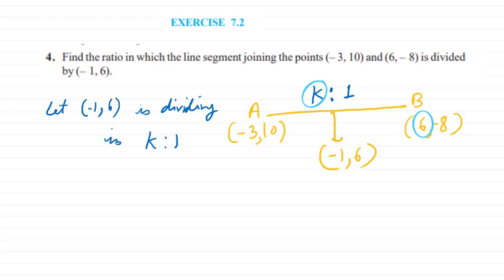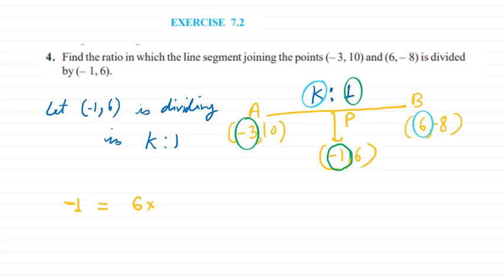So we know that (k into 6 plus 1 into -3) divided by (k plus 1) will give us the same value, that is -1. As the coordinate of this point, let's say P, the x coordinate is -1. So we will find out the value of x from the section formula.